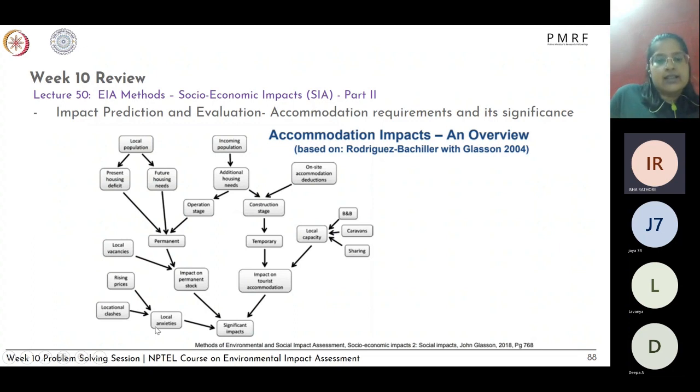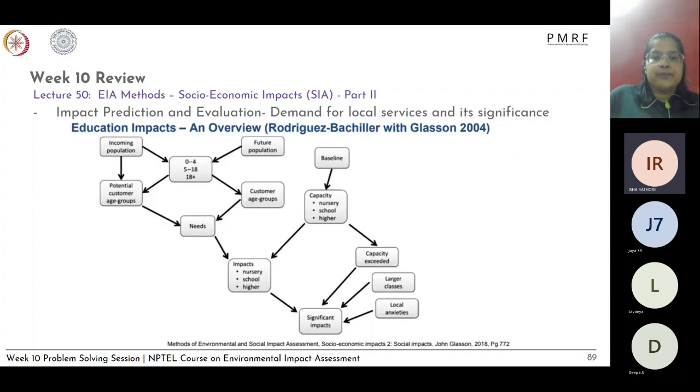So all of these things are connected, and these impacts also need to be put in the social impact assessment in terms of accommodation and education as well.